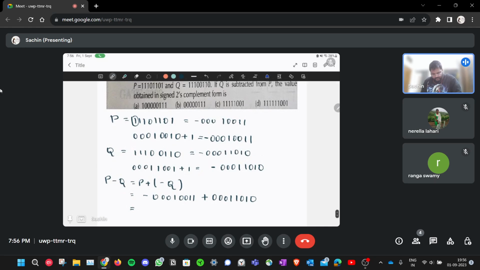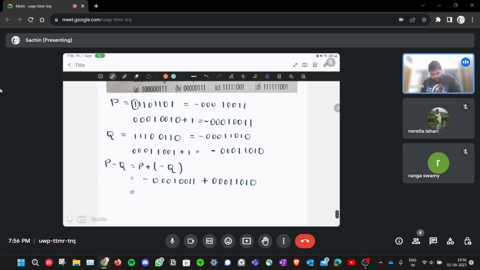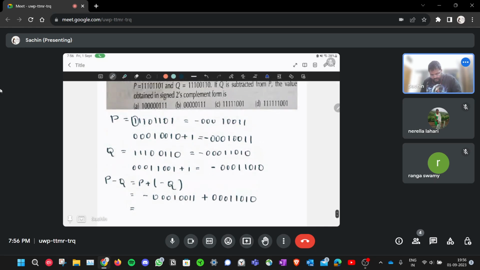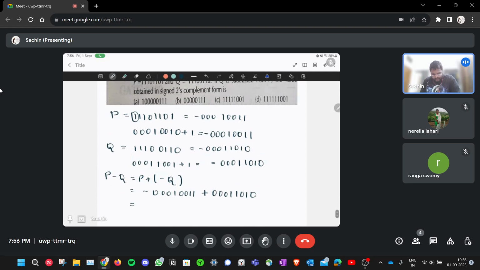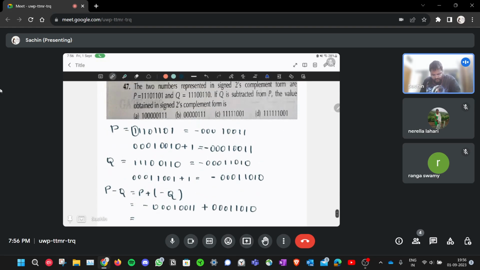If you get a negative number, then you'll have to be careful. Okay. So 11010 is larger than 10011. So the output will be a positive number, and in signed 2's complement form, you should get 0 in the MSB. So it should be option B.